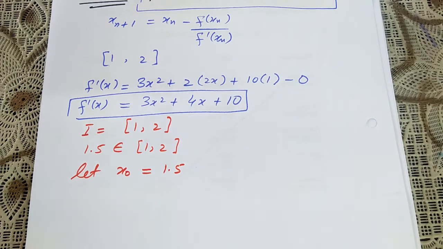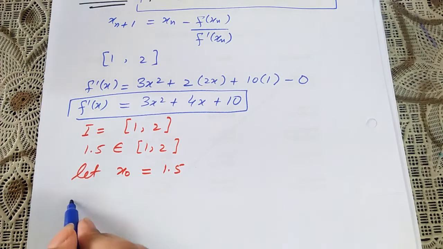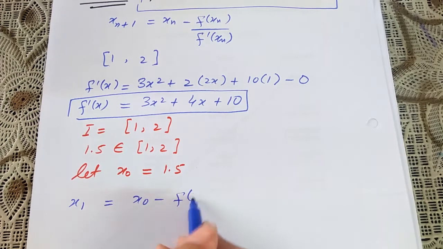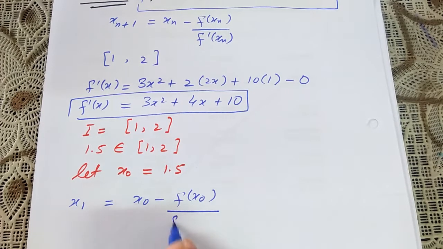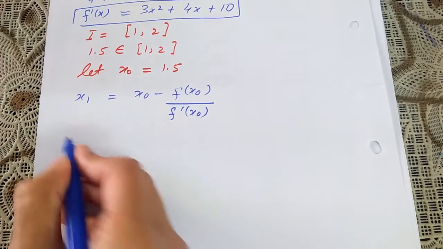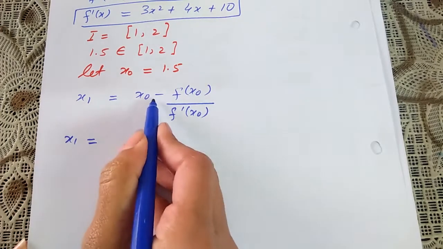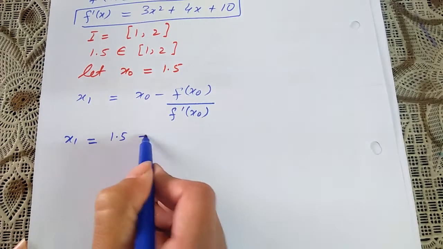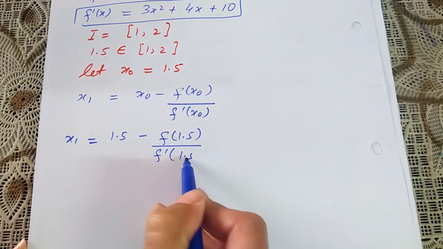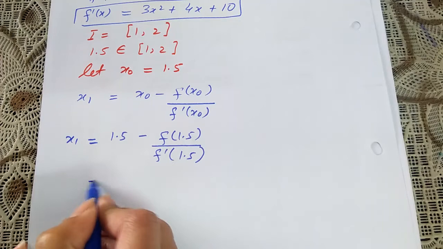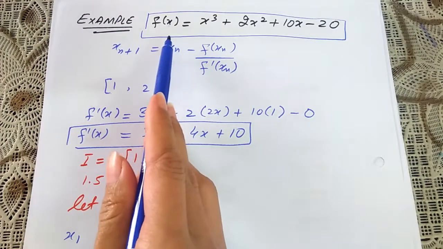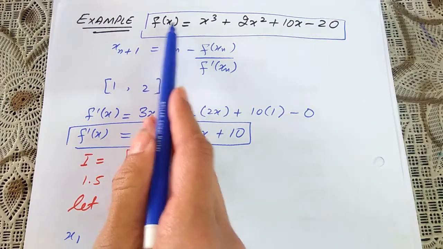Now the first iteration: x1 will be x naught minus f of x naught divided by f dash of x naught. So x1 equals 1.5 minus f of 1.5 divided by f dash of 1.5. Now consider the function and replace x with 1.5.